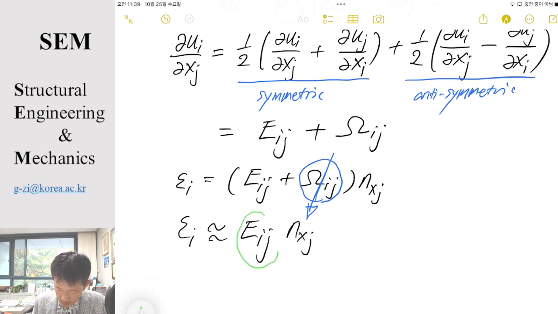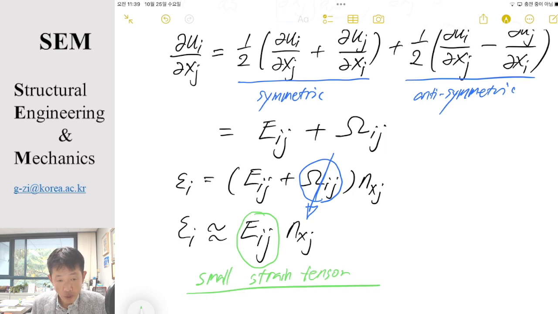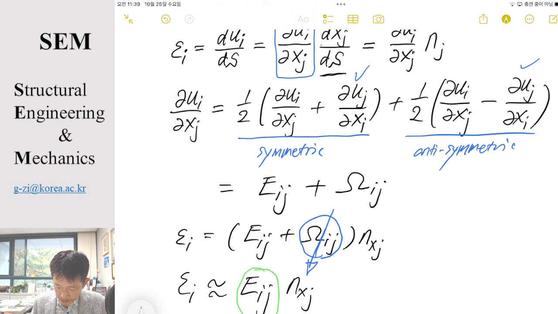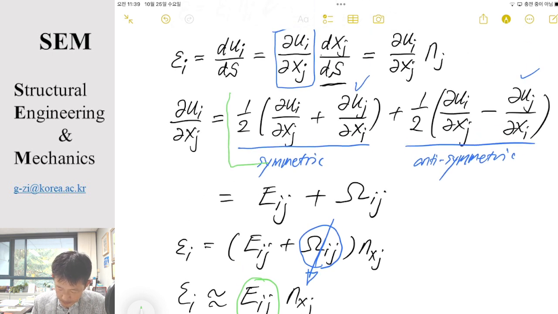And then we call this the small strain tensor. Okay, that's how we obtain the expression of the small strain tensor. This small strain tensor is widely used in various applications. If you take the finite element classes, in the case of B matrix, the structure of the B matrix is given in this way. Okay, so let me stop the talk about the small strain tensor today.